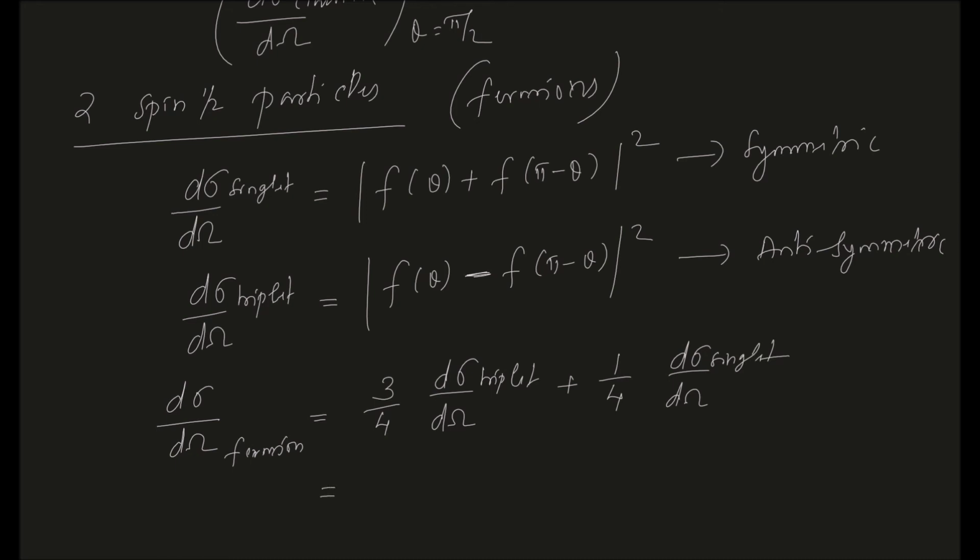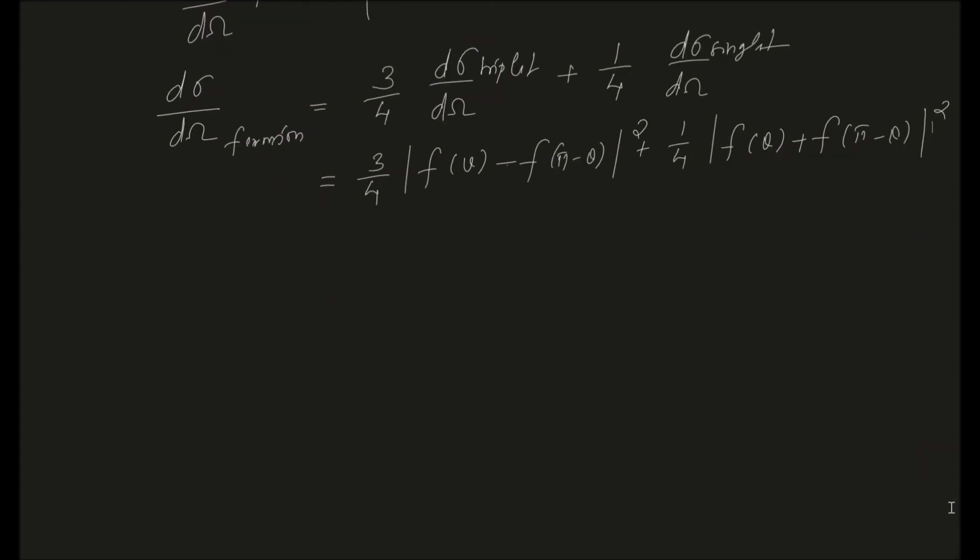So you can write it as 3 by 4 modulus f of theta minus f of pi minus theta whole square plus 1 by 4 modulus f of theta plus f of pi minus theta, the modulus square.